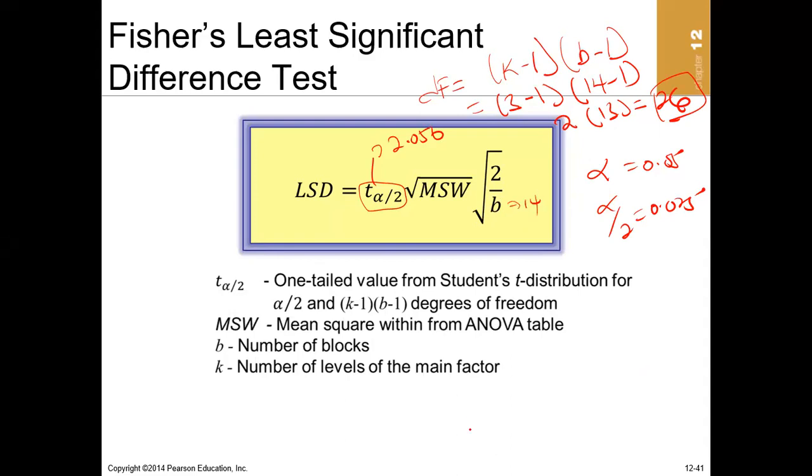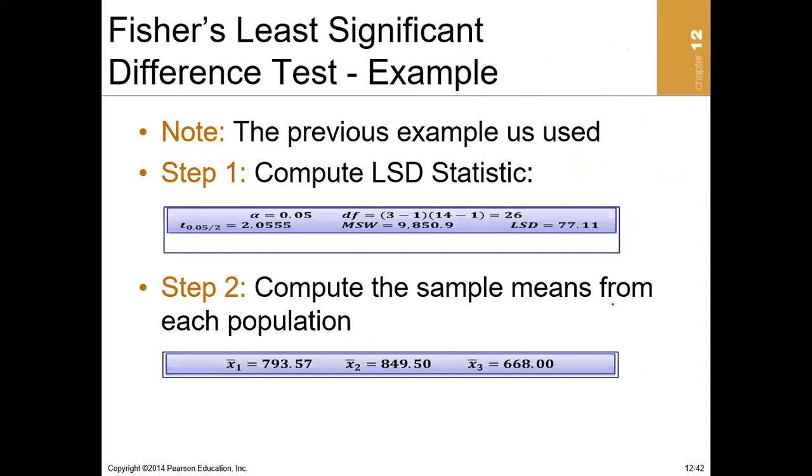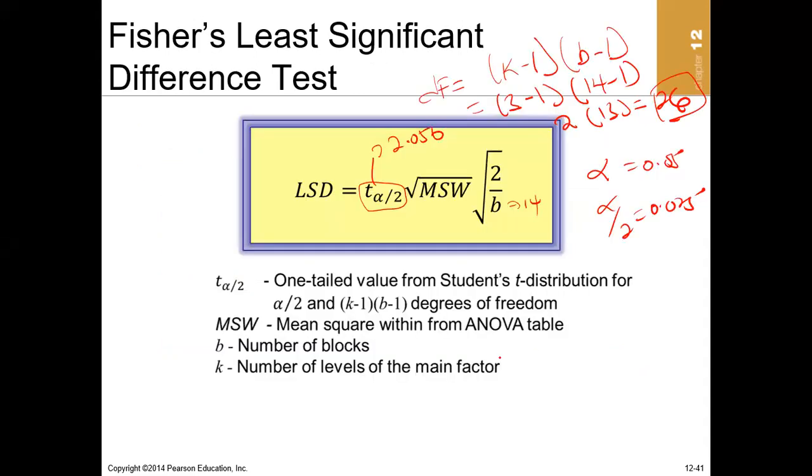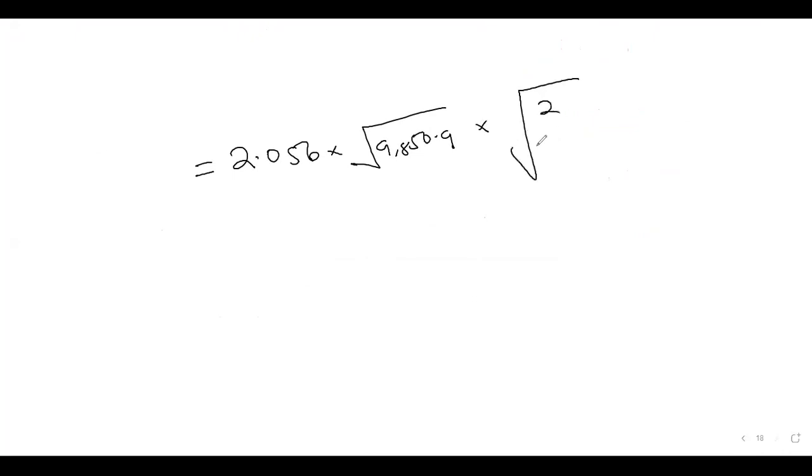Then we have 2. If you fix them in the formula, the T statistic, as we've mentioned, is 2.056, multiplied by the square root of the mean squared within, that's 9,850.9, multiplied by the square root of 2 over B, the square root of 2 over 14.